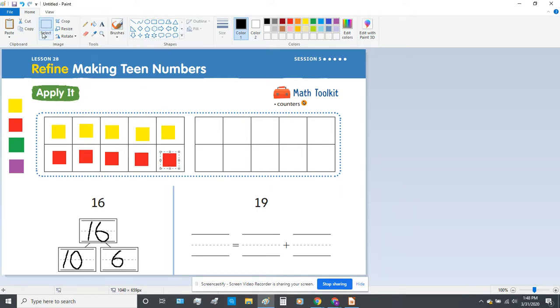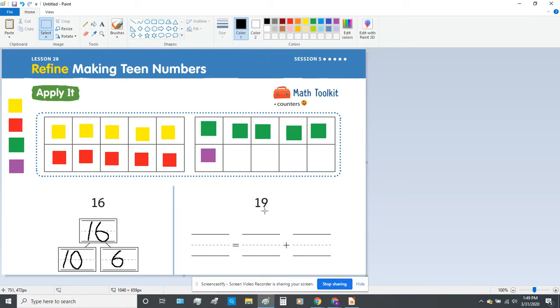So then grab your green cubes. We're going to fill in the 5 at the top here of the second tens frames. But if we need 6, then we're going to have to continue using our purple now. 5 and 1 more is 6. So now we are showing a group of 10 and a group of 6 to make the number 16.